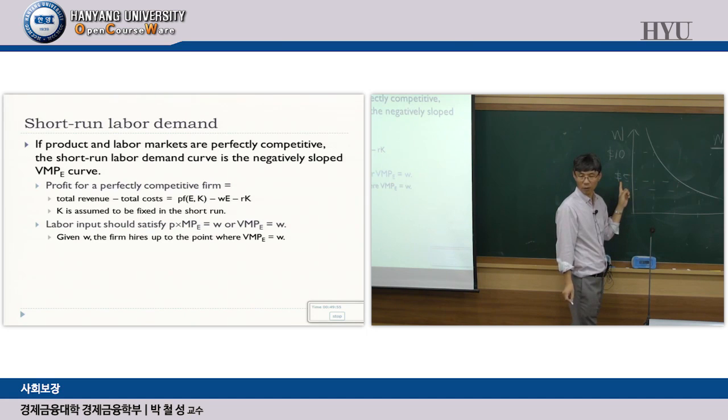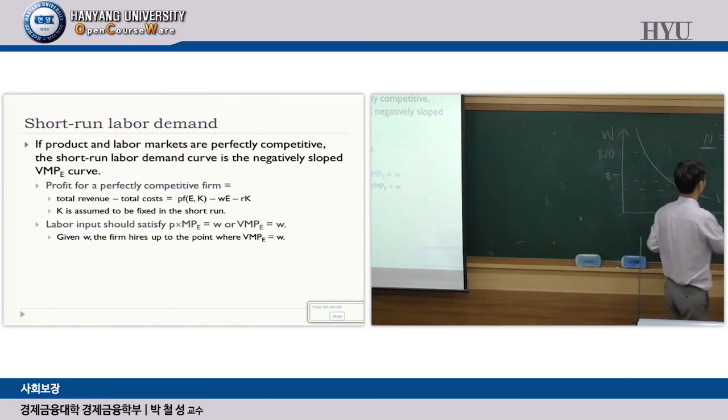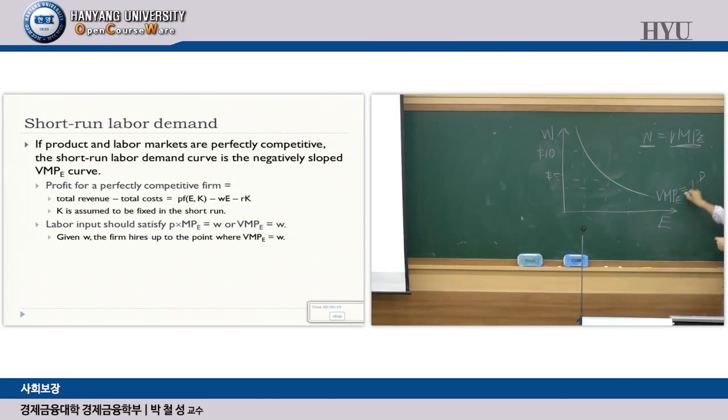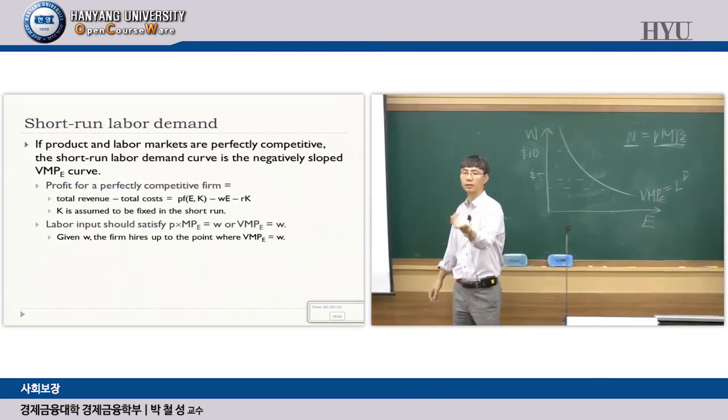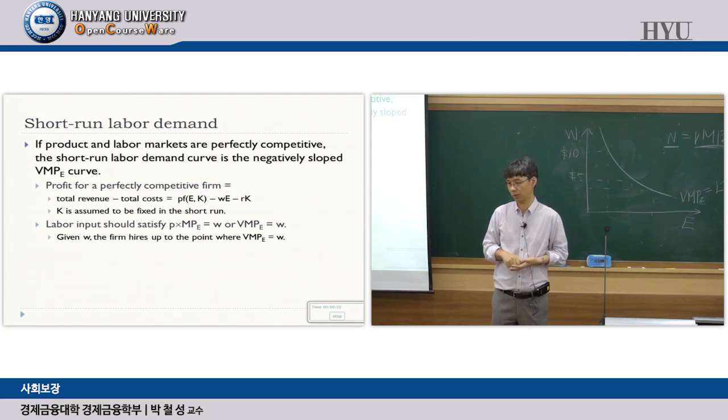So this VMP curve tells us how much labor input this firm is going to use. So VMP is actually the labor demand curve. Once we know the VMPE schedule, then we know how much labor input they're going to use.